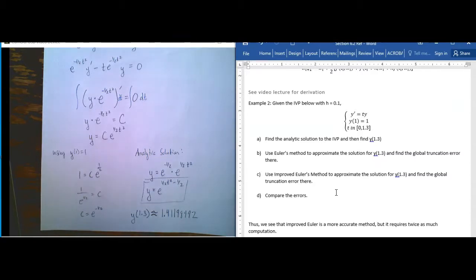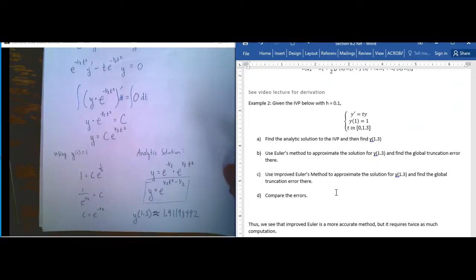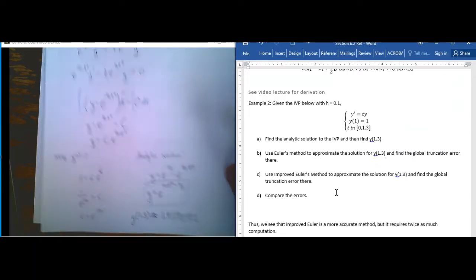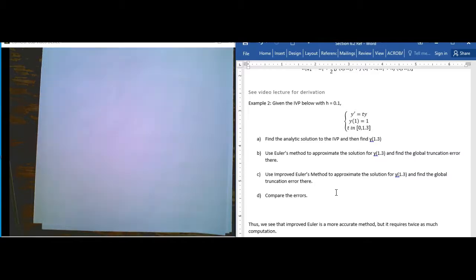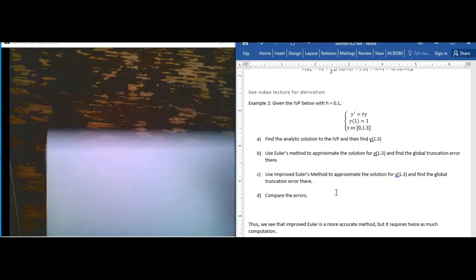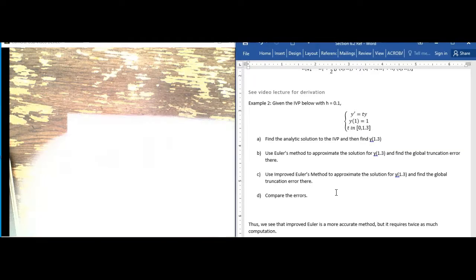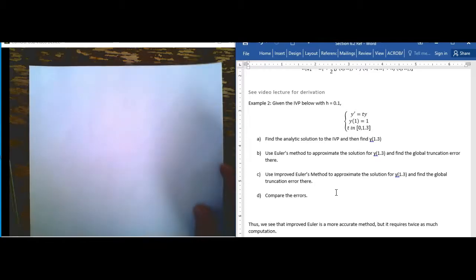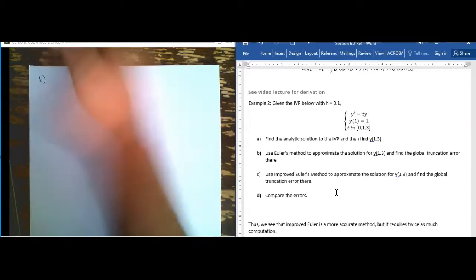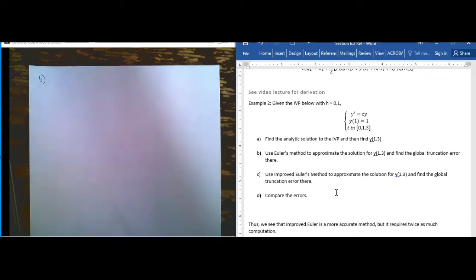Now we want to use Euler's method to approximate this solution, see how good Euler's method approximates this, and then look at the global truncation error for our last step. So recall Euler's method.